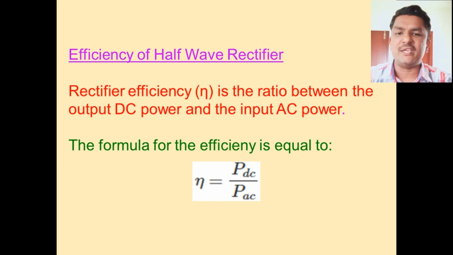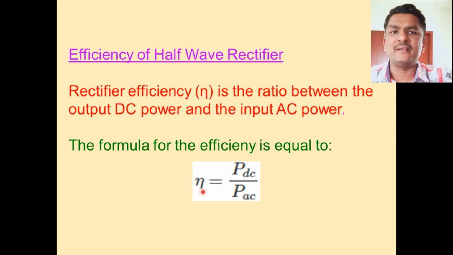Efficiency is denoted by eta. So eta equals output DC power divided by input AC power.